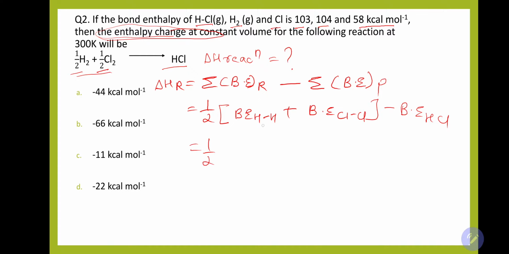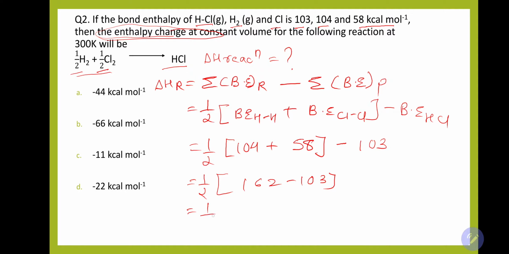Which is equal to half. What is the bond energy of hydrogen? It is 104 plus the bond energy of chlorine, 58, minus the bond energy of HCl, 103. So it is half into 162 minus 103.